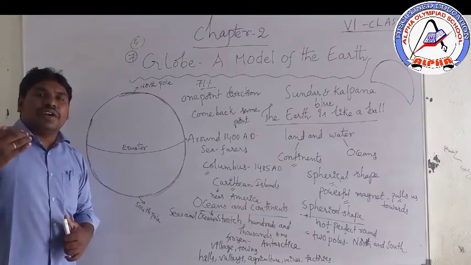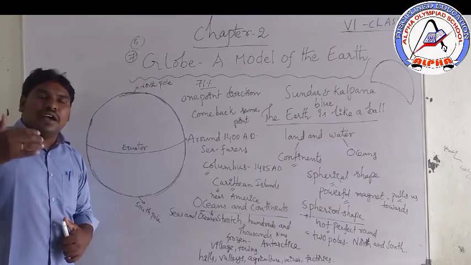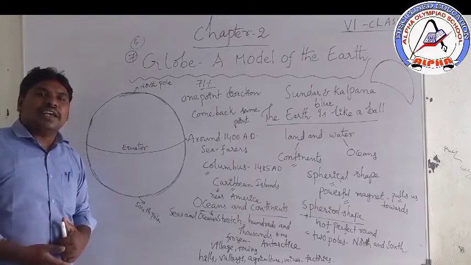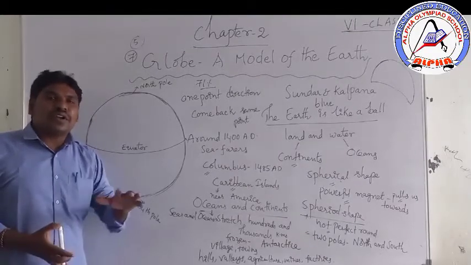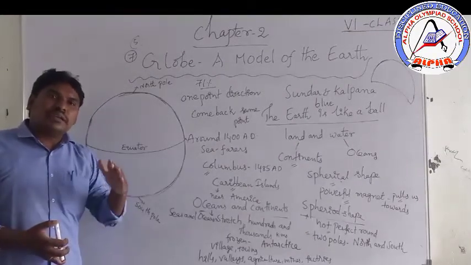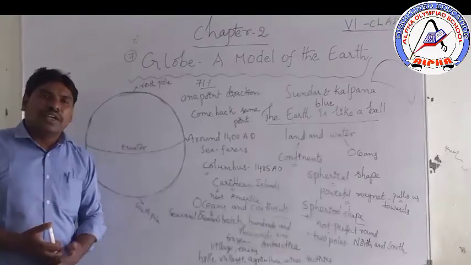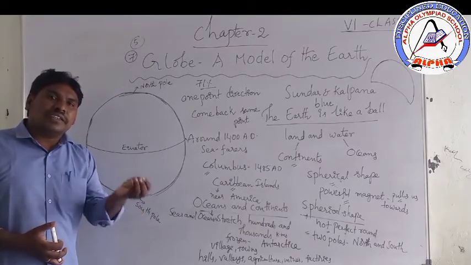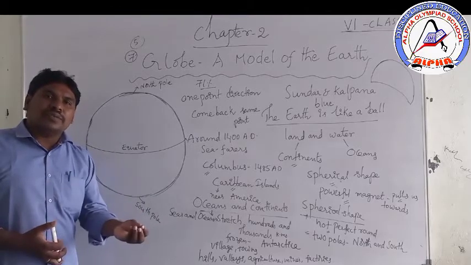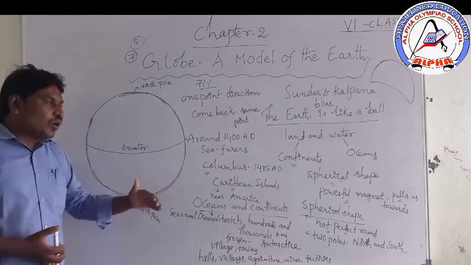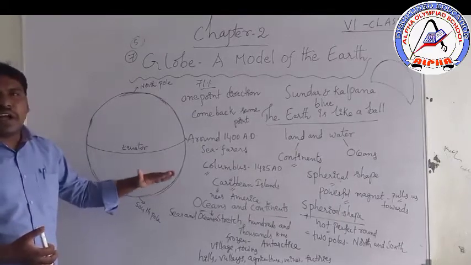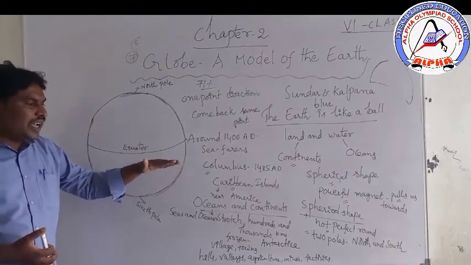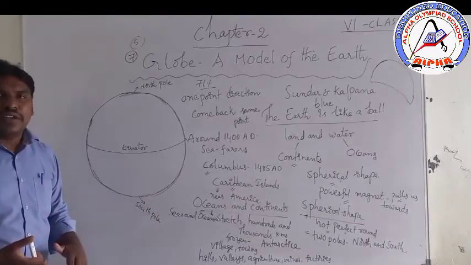The 7 continents are Asia, Africa, Europe, North America, South America, Australia, and Antarctica. The second biggest is Africa. The smallest continent is Australia, and the second smallest is Europe.